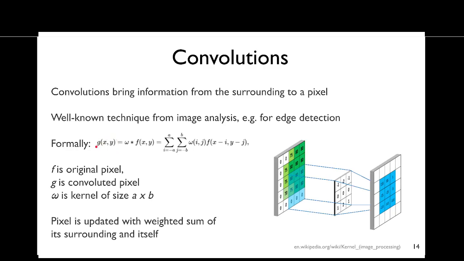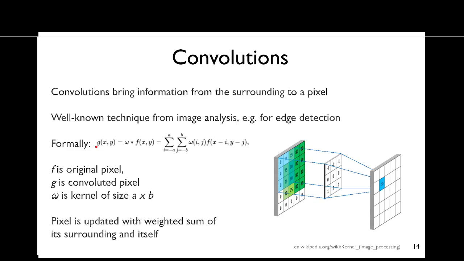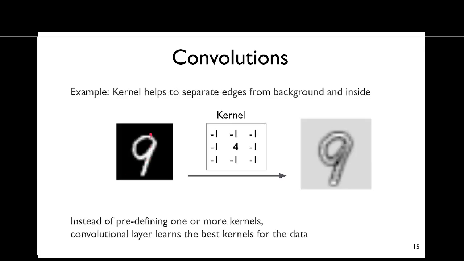That sounds pretty abstract, and you may wonder, why is that so useful? But you can see that in action over here. If this was the original data, clearly a 9, and you apply this kernel where the central pixel gets a weight of 4 and its neighbors get a value of -1, then this kernel is saying this pixel is standing out with respect to its neighbors.